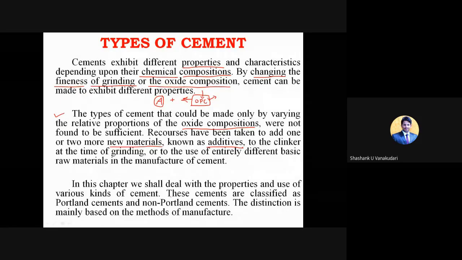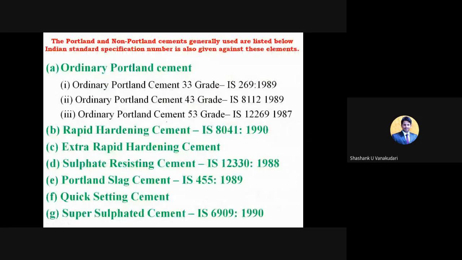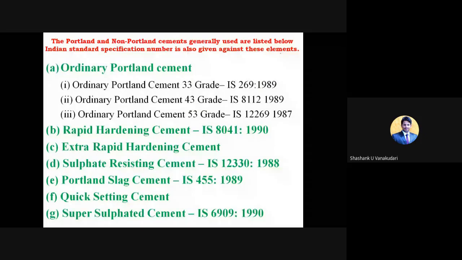But in non-Portland cement, the raw materials are used as fine particles only, and the process is much easier. The Portland and non-Portland cements generally used are listed below. As per the Indian Standard specification, the number is also given against these cements. These numbers are nothing but the Indian Standard code books. Clear?